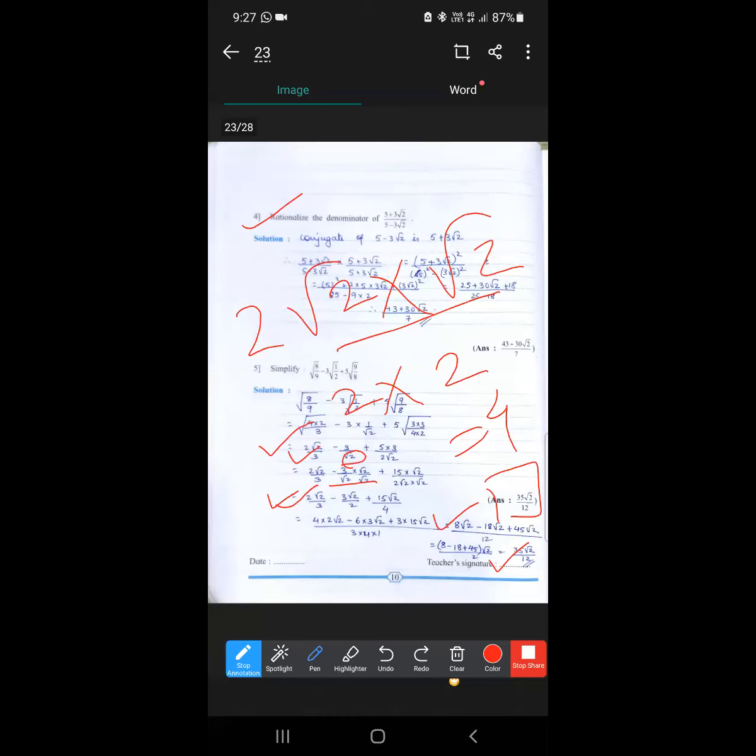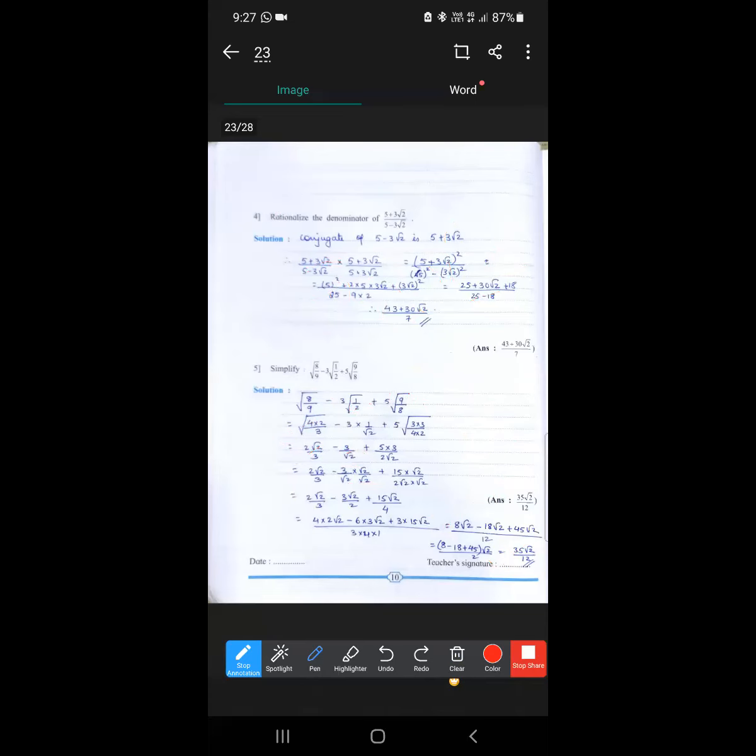Okay, and then we have carried out our normal mathematical operations. Okay, so the final answer is given here, 35 root 2 upon 12. You can take the screenshot if you have not written.